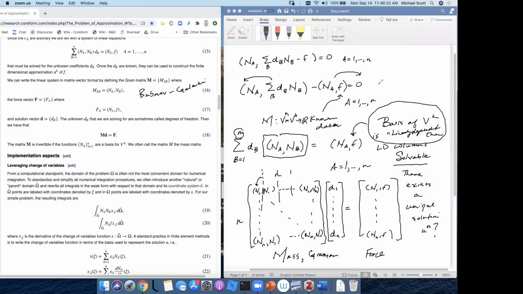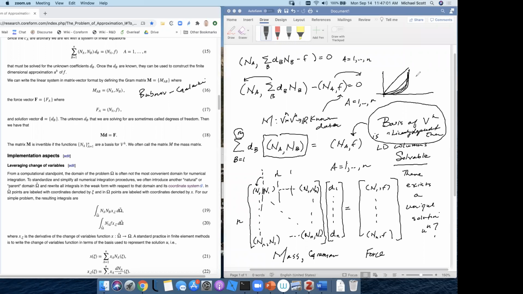So can somebody think of a basis that, as n gets big, becomes more and more linearly dependent from a numerical point of view? What am I drawing?